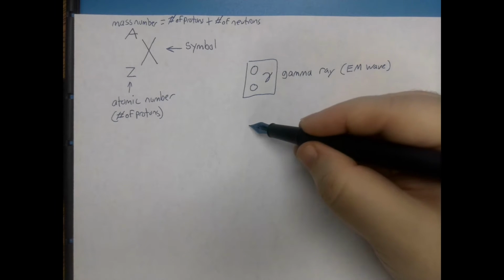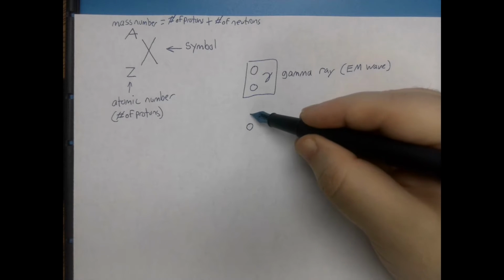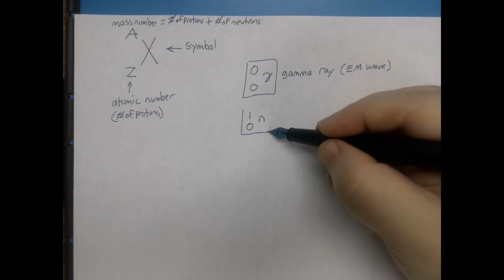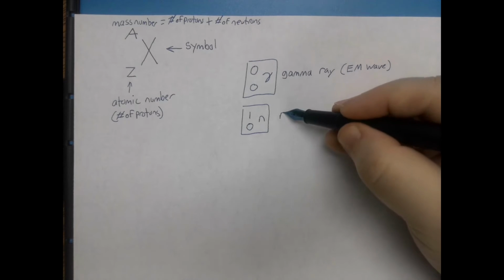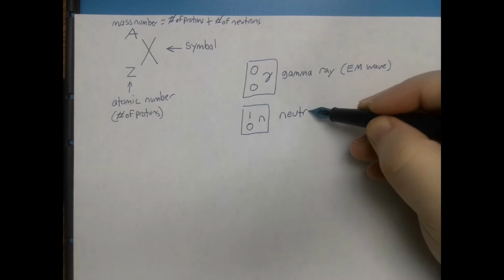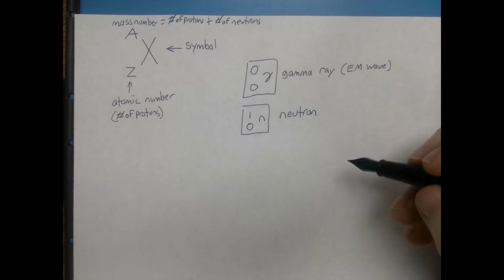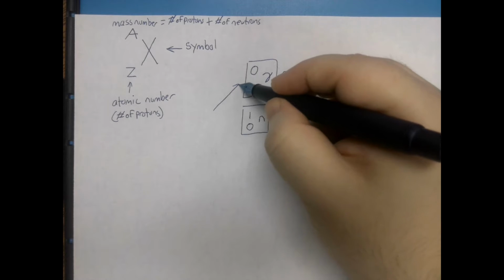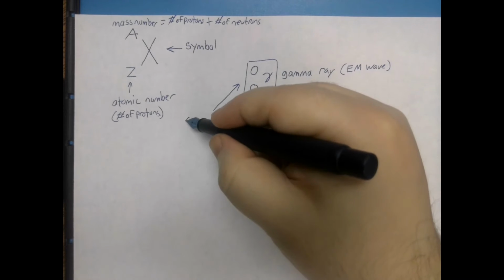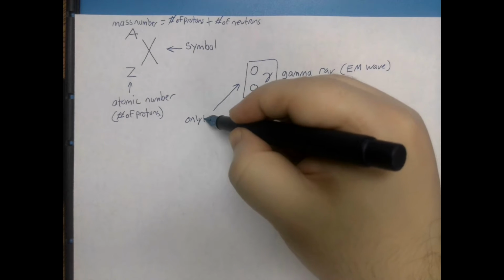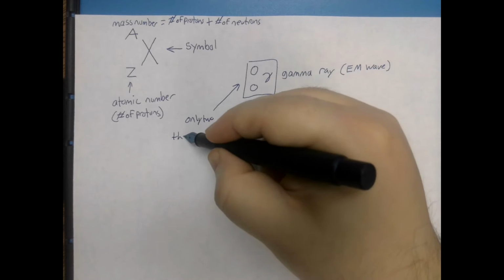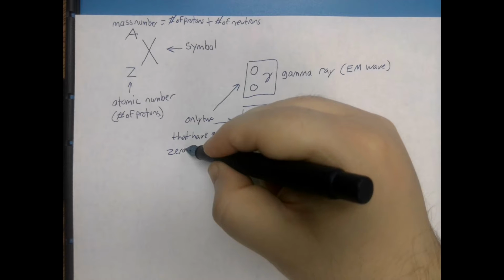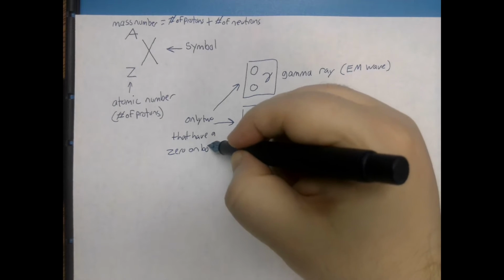We have 0, 1 with an N. This is a neutron. The only two that have a 0 on bottom left.